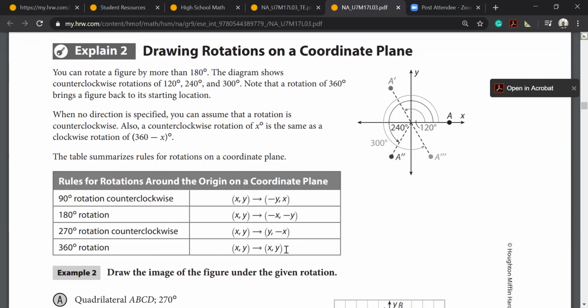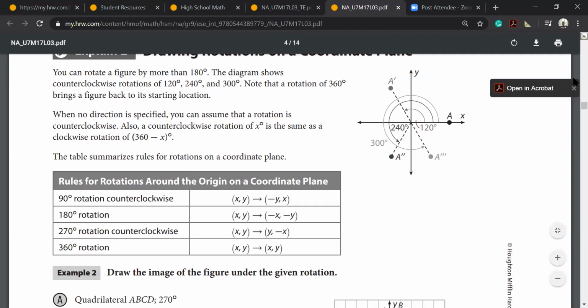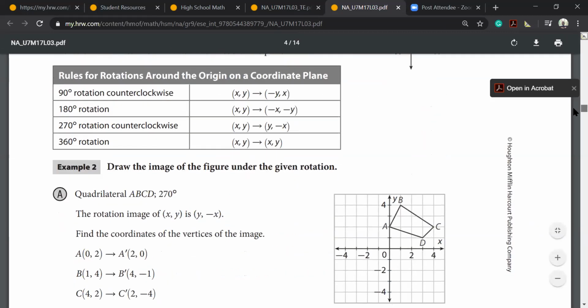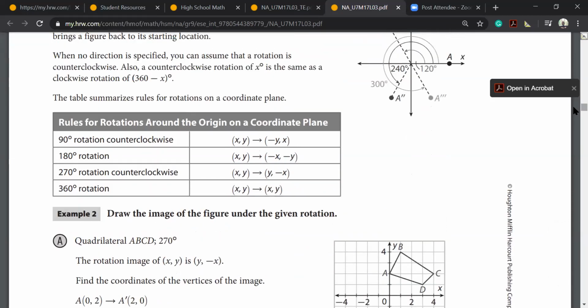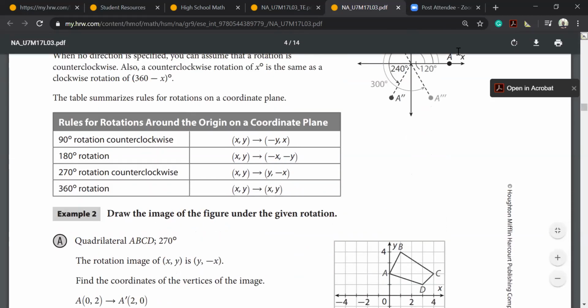You will ask me, teacher, what about the 90-degree clockwise? Let me give you a hint. Actually, the 90-degree clockwise is the same as 270 counterclockwise.